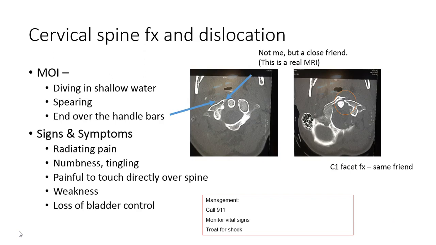You can also fracture your spine. You can dislocate your spine. This is actually a real MRI of a friend of mine who fractured her first and second cervical vertebrae and her fourth cervical vertebrae while mountain biking.